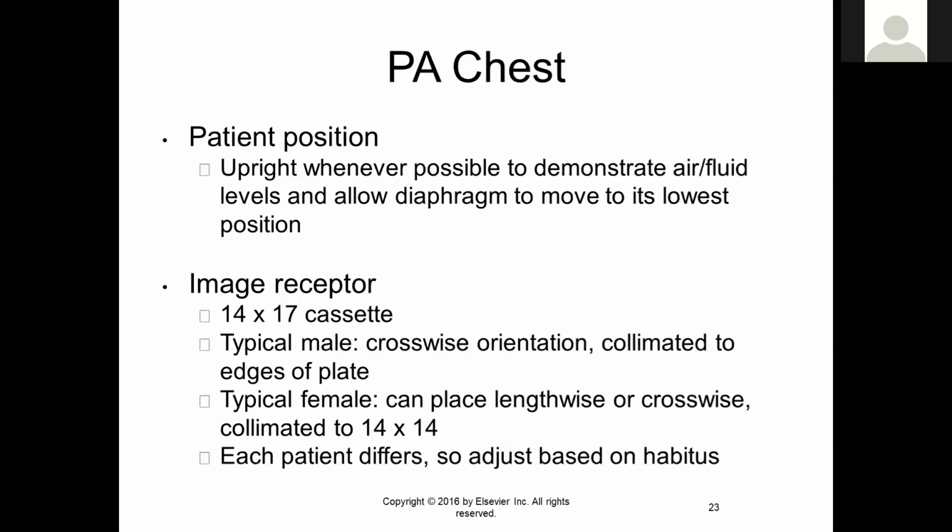The amount of light field will vary from patient to patient. You will adjust based on their body type, their body habitus. But you are never going to have light going past the edges of the cassette. The image receptor is there to receive radiation.